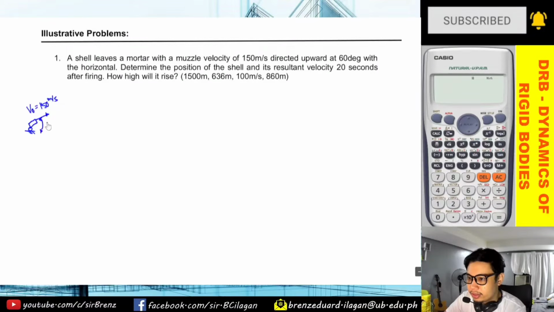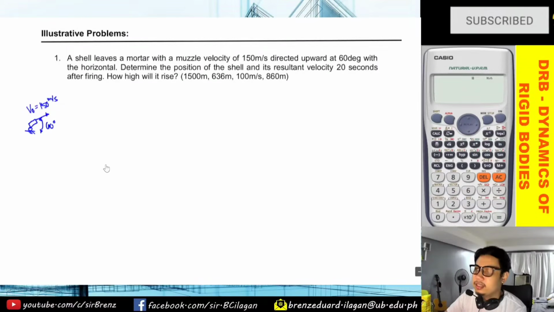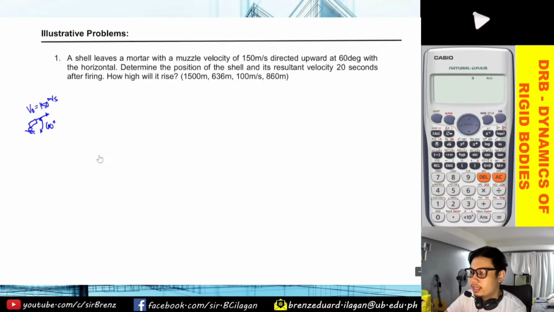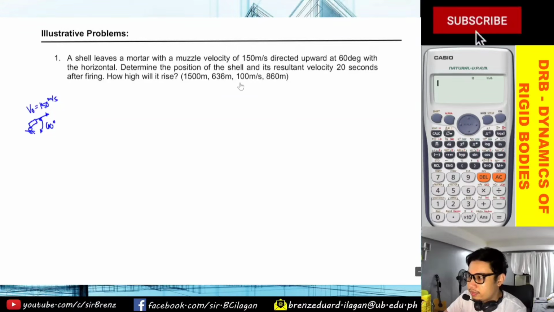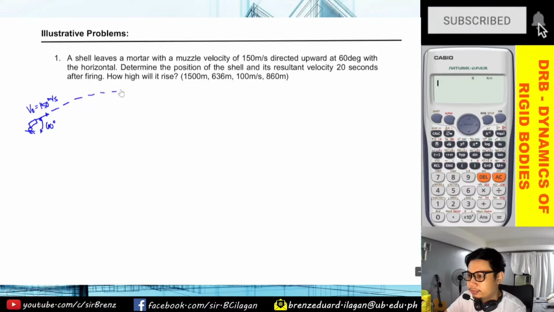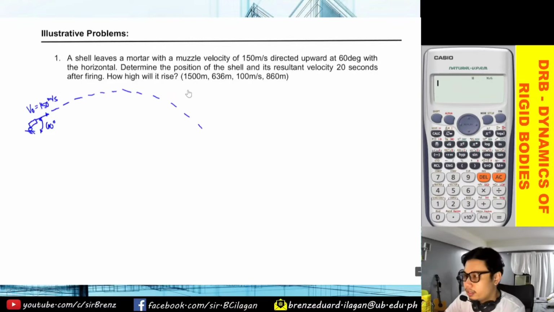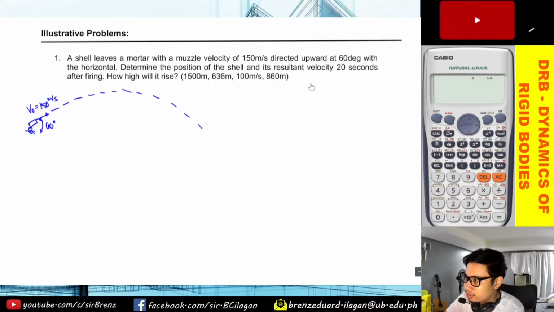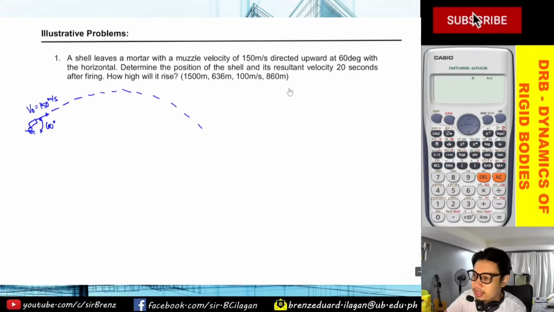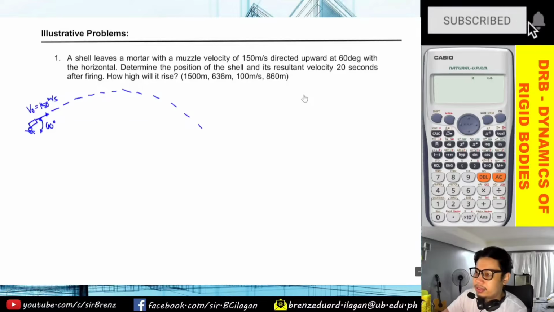Ayan, so yung angle of inclination niya is 60 degrees with the horizontal. So determine the position of the shell, yung bala niya. So gawa lang tayo ng projectile projection niya, trajectory. Okay, so determine the position of the shell and its resultant velocity 20 seconds after firing.